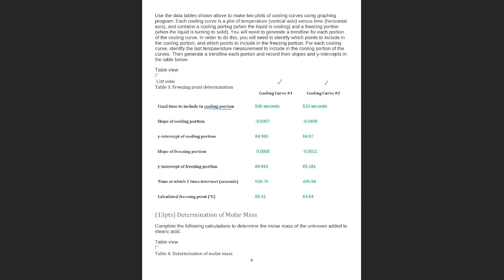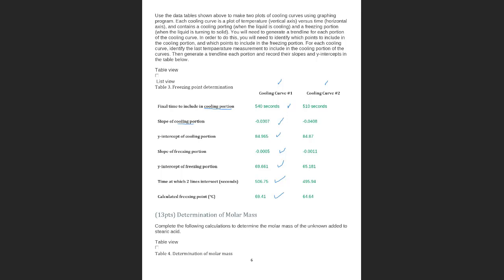And the slope of the cooling portion, this is what I just talked about. So all this is what we have seen, the slope, the y-intercept. They will ask you what is the time when the two lines intersect, and finally to calculate the freezing point. So this is all the first part of the report.